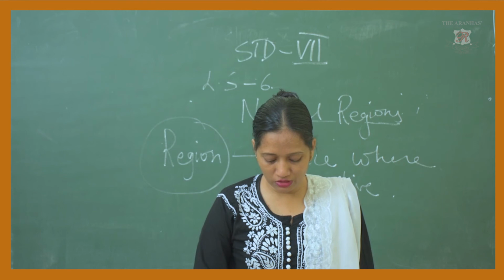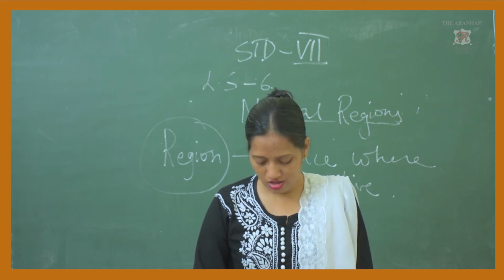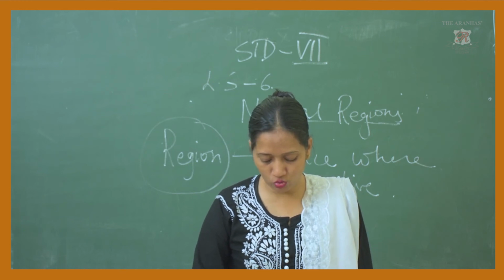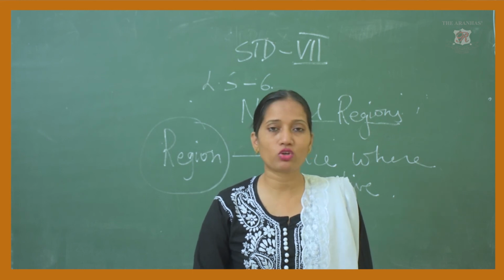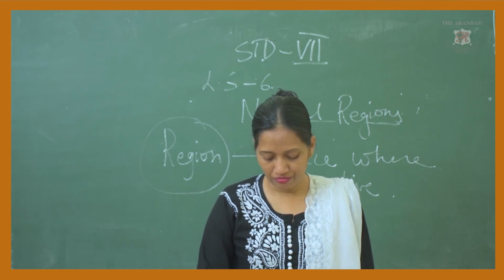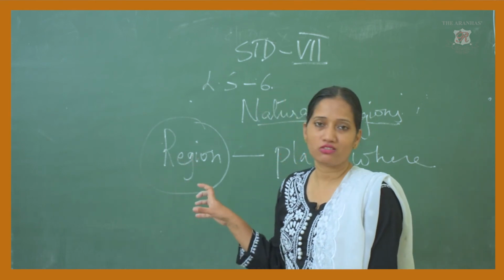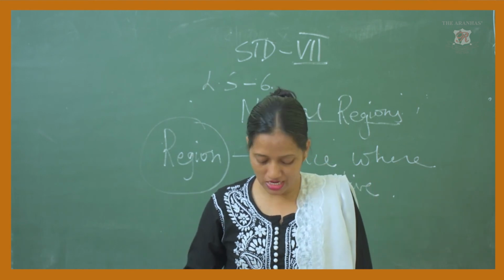Differences in landforms, climate and soil greatly influence the flora, fauna and human life and give rise to variation in the biodiversity in different parts of the world. See, flora is your vegetation, the green plants or trees and everything, right?